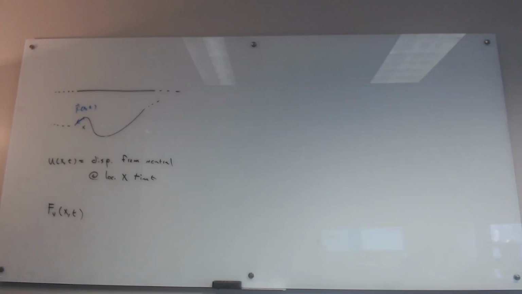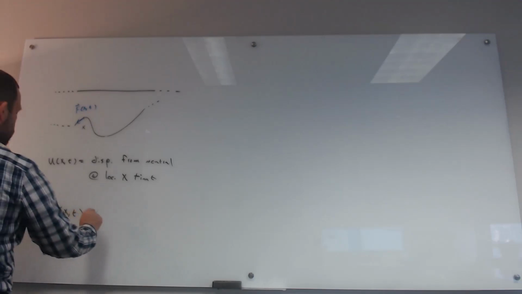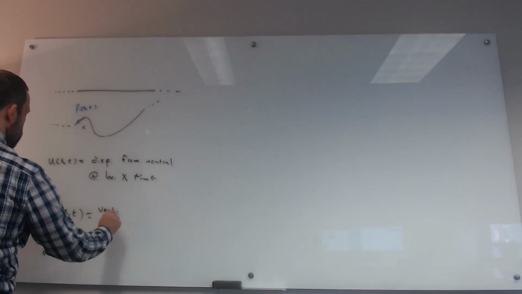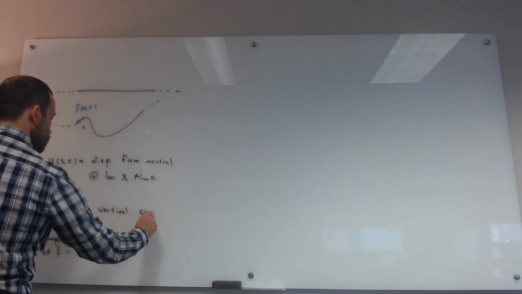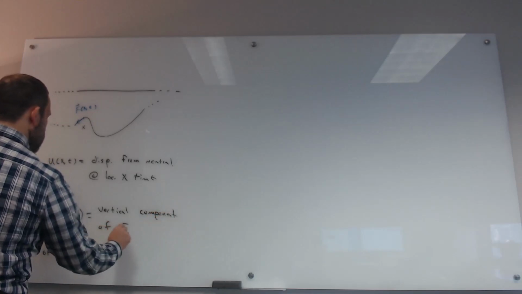And f sub v is the vertical component of f. So this is the vertical component of the f vector.